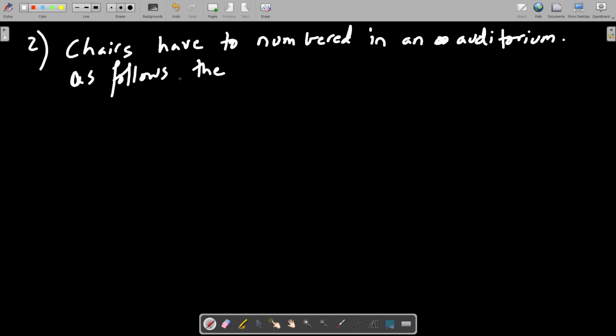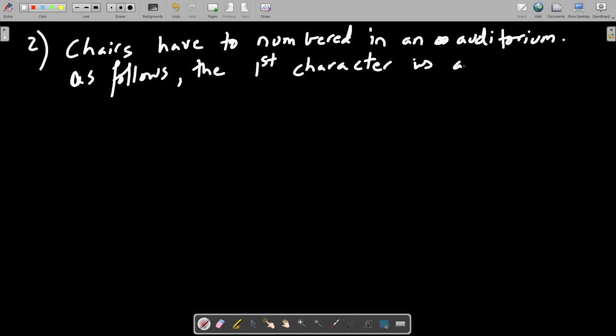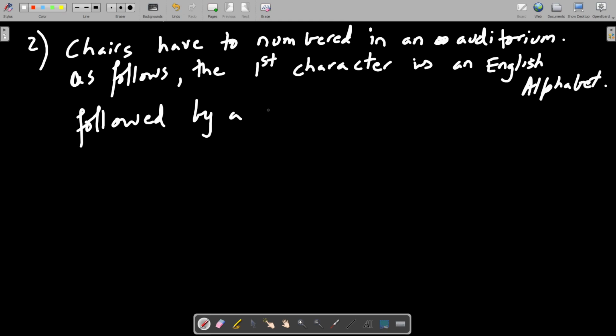The first character is an English alphabet, followed by a positive integer not more than 100.